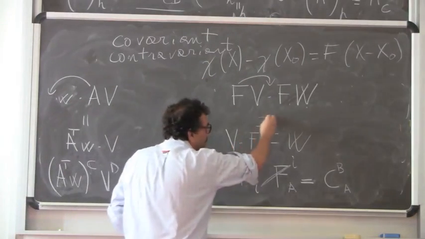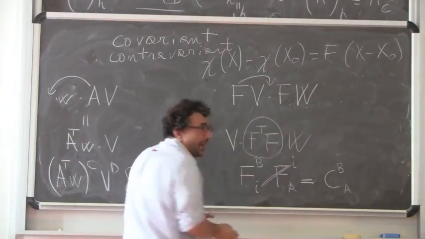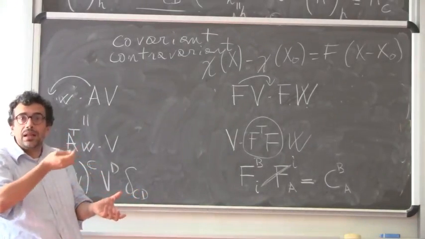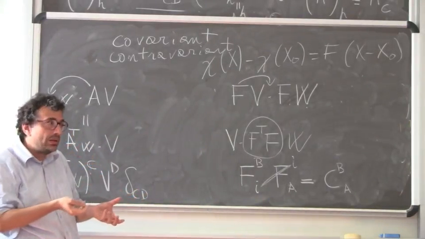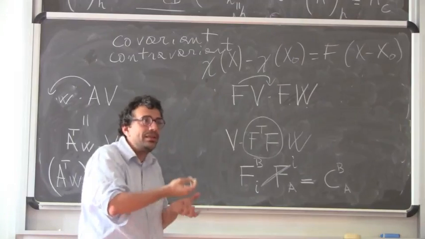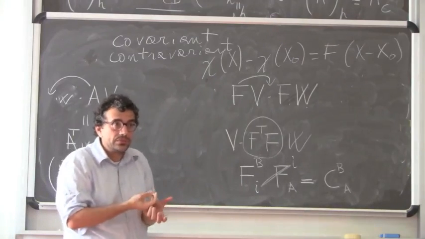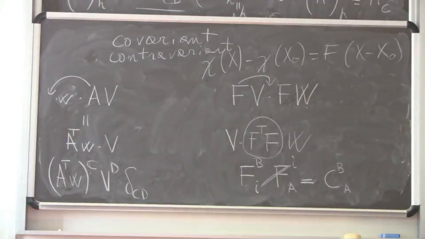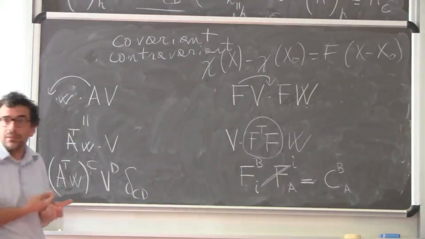This animal is a linear map which takes a Lagrangian vector and is transforming it into another Lagrangian vector. Okay?